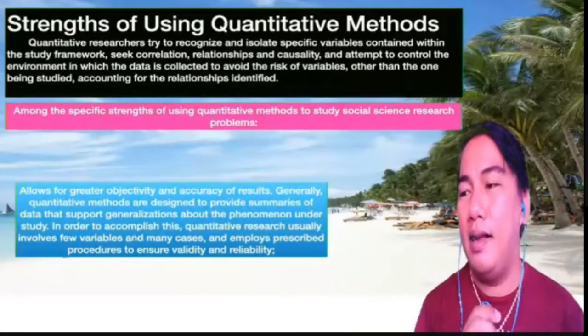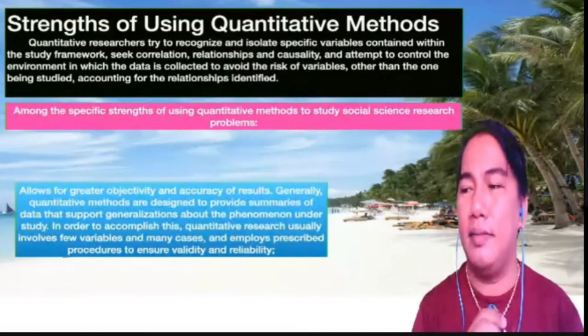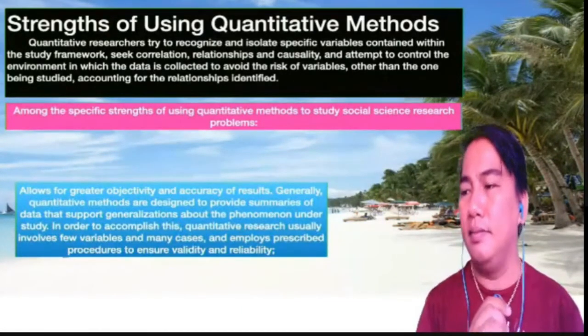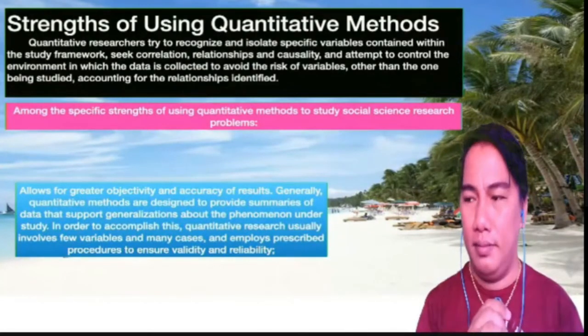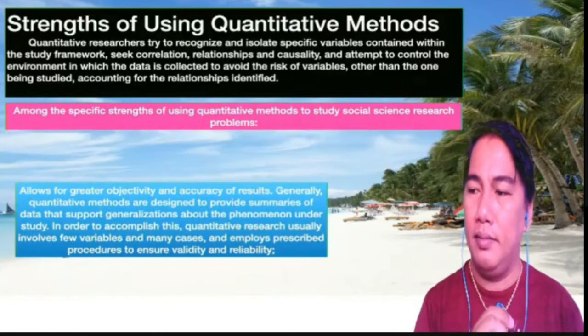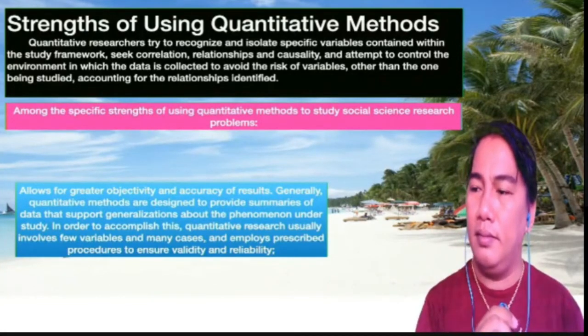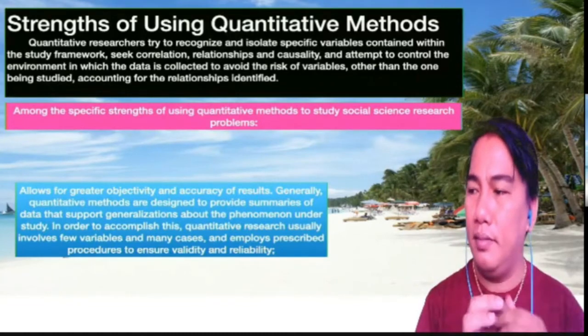Number 2 allows for greater objectivity and accuracy of results. Generally, quantitative methods are designed to provide summaries of data that support generalizations about the phenomenon under study. In order to accomplish this, quantitative research usually involves few variables in many cases and employs prescribed procedures to ensure validity and reliability. Correct. Okay.